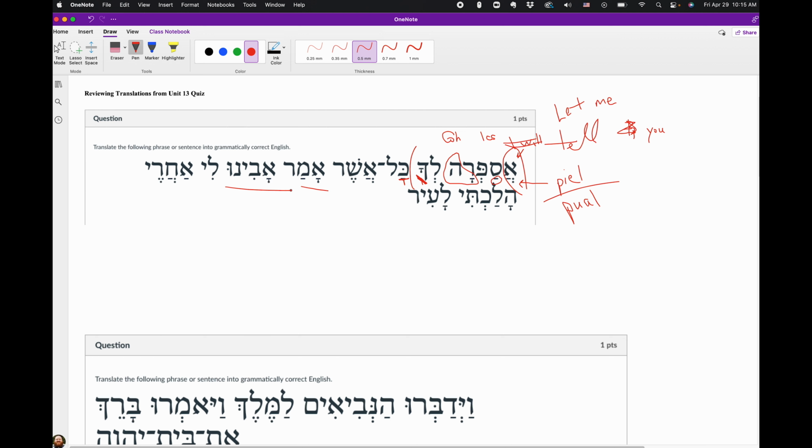Amar avinu. So this is a relative clause now. This relative clause is functioning as kind of like a big bubble. And I wish this was all on one line, I would circle it. But this big bubble here is the direct object. Let me tell you. Tell you what? Tell you all of this, okay? So what is this? This is all that or everything that someone said. Who said? Avinu, my father.